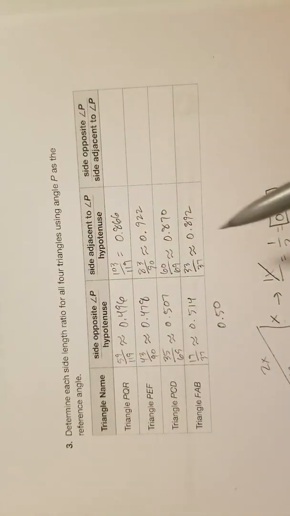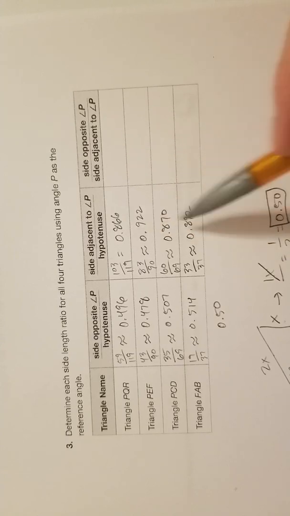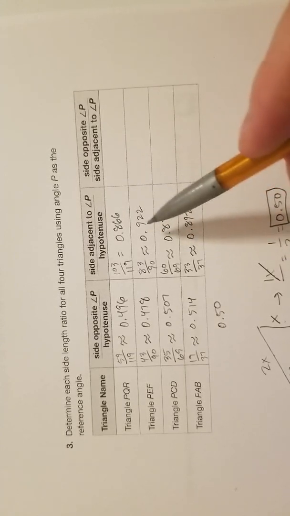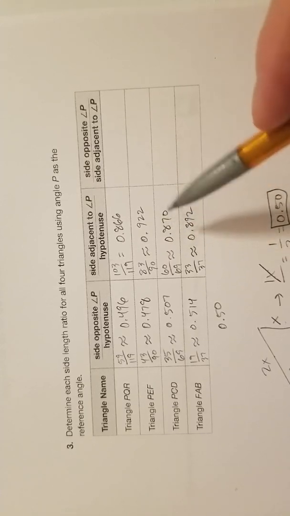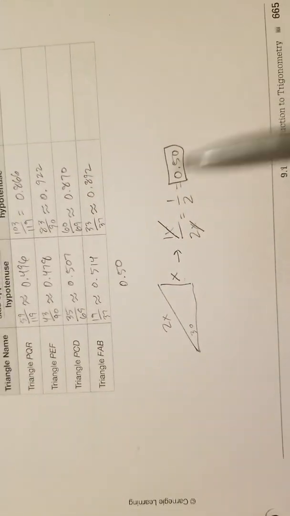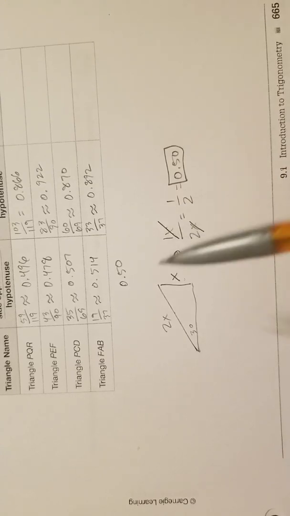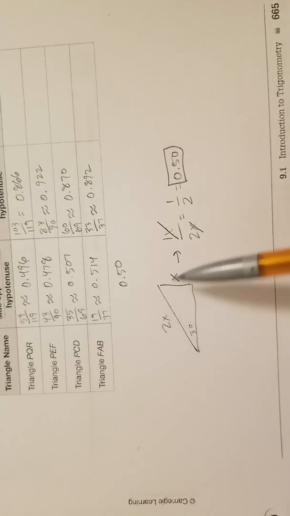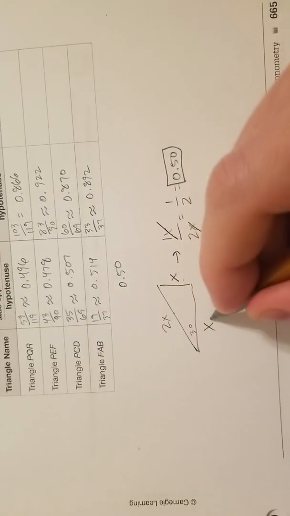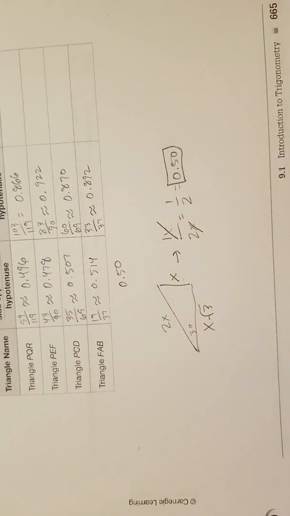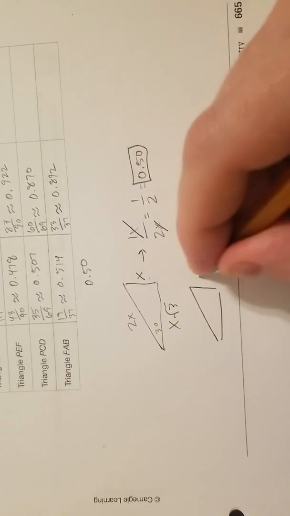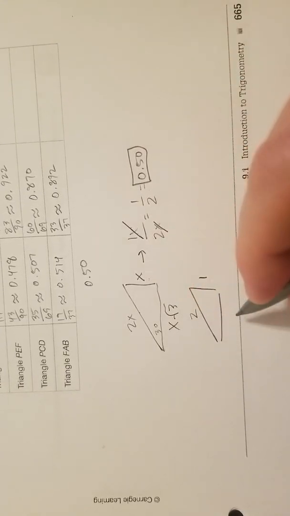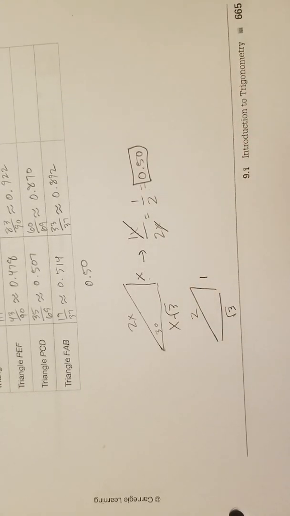Okay, so it looks like these are all hovering about 0.8 something, close to 0.90, but a little bit less than that. And if we remember from our 30-60-90 right triangles, if this is x and this is 2x, this should be x rad 3. Or if we simplify this triangle, if this is 1 and this is 2, this should be rad 3.